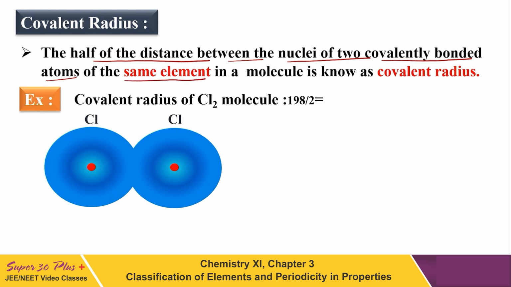When the bond is formed between similar elements, like in this example, between chlorine and chlorine, the distance between them is 198 picometer. Half of this distance is 99 picometer, and this is called the covalent radius.